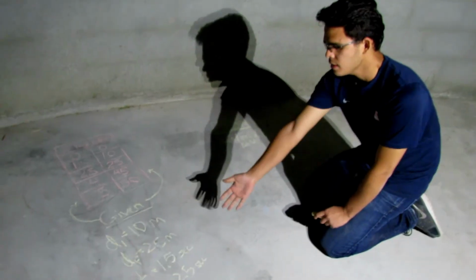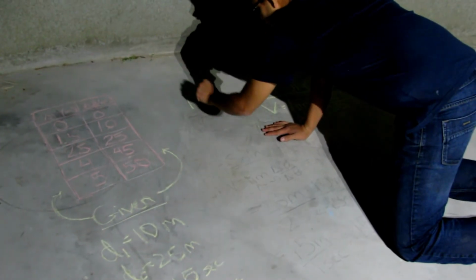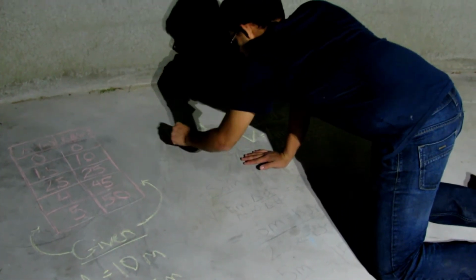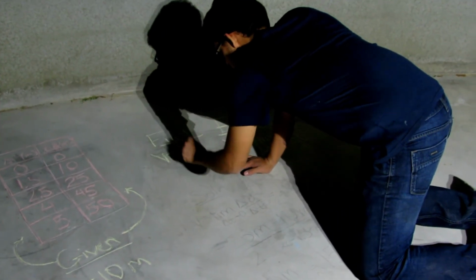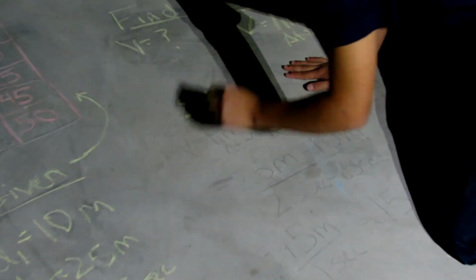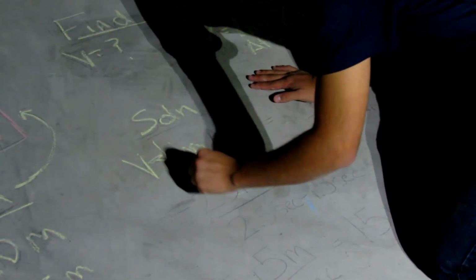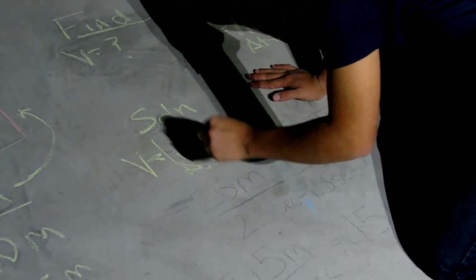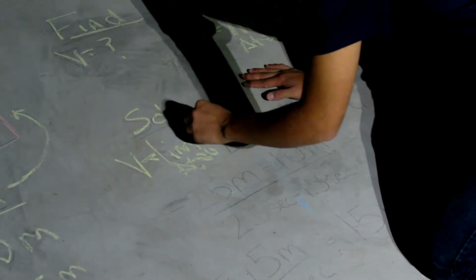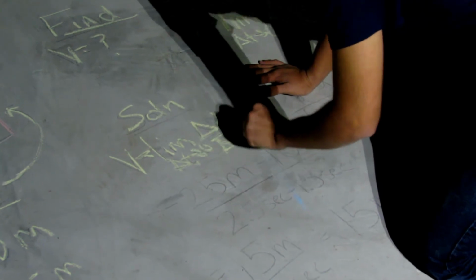Alright, so by using these values, we need to find instantaneous velocity. And so the solution would be: velocity is equal to the limit as the change of time approaches 0 of the change of displacement divided by the change of time.